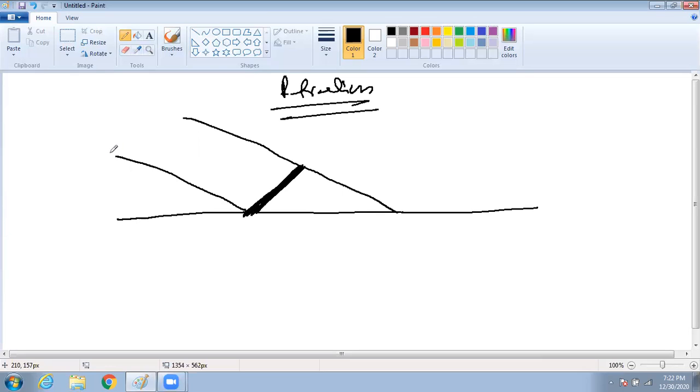Now, what is the problem? The velocity in this medium will be different from this medium. Yes or no? Because light has two such mediums. Light travels faster in air, but it will not go so fast in water because water is a denser medium.